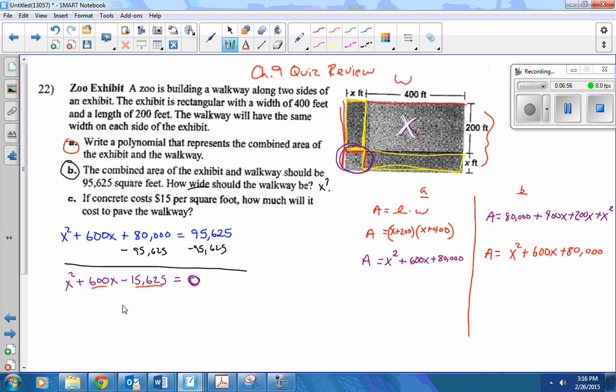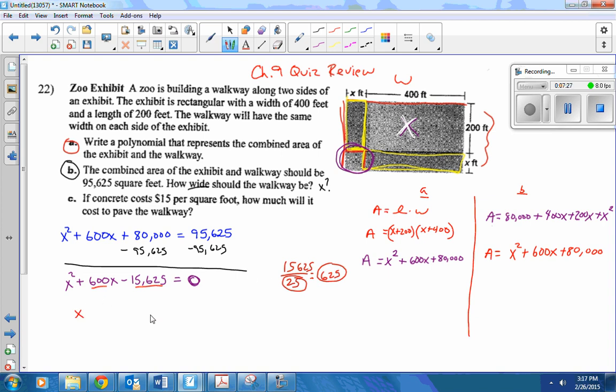Now, I just took my calculator and took a guess and said, well, I know one factor of 15,625 is going to be 25. So I actually divided it. 15,625 divided by 25. Guess what it equals? It equals 625. So that means my two factors of 15,625 are 25 and 625. That's exactly what I need.